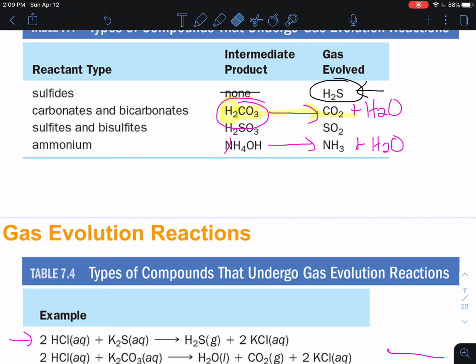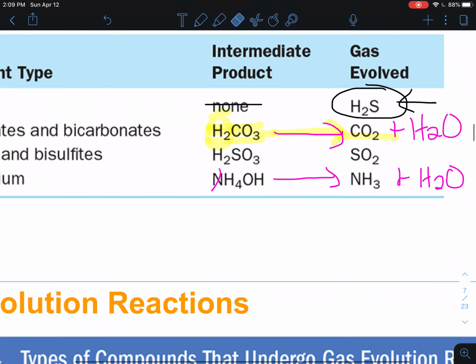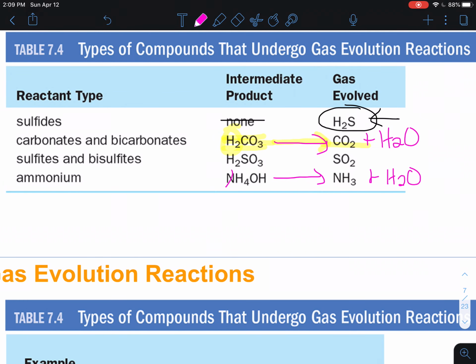Same thing with this one right here, hydrogen sulfite, is going to decompose into sulfur dioxide gas and H2O, right? So H2, sulfur here went here, and then 2 of the oxygens went here.